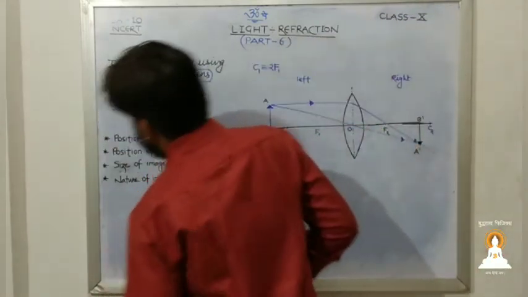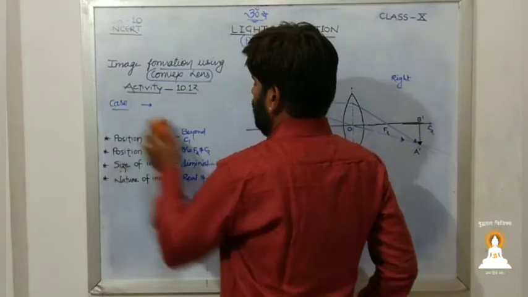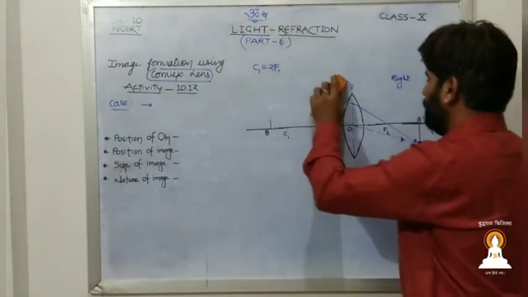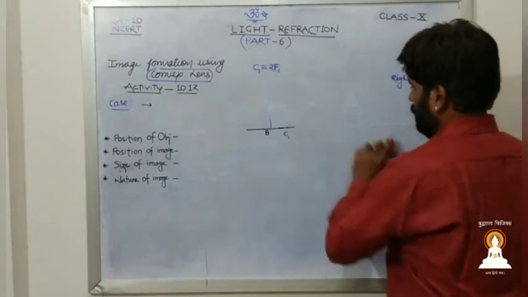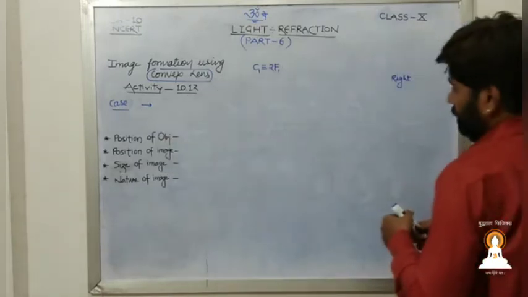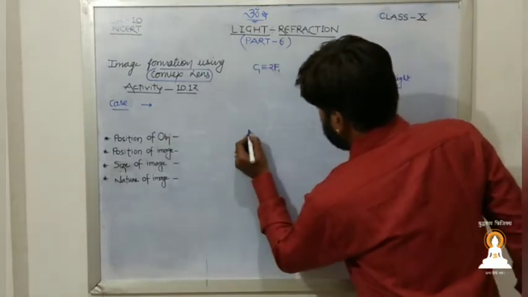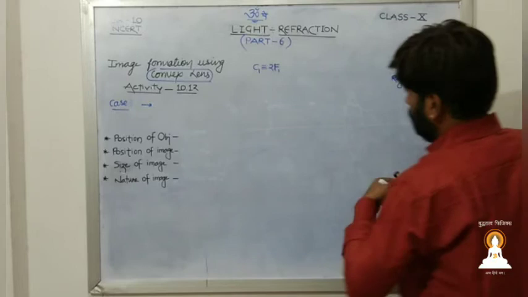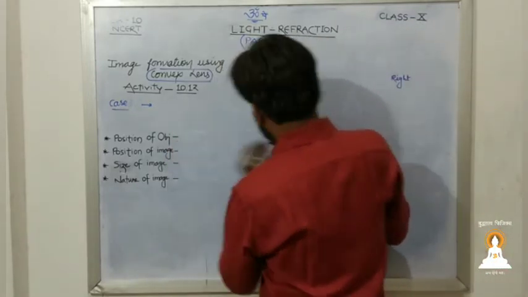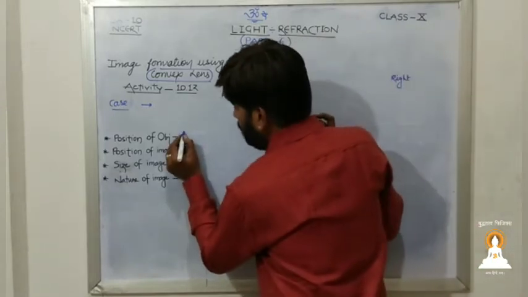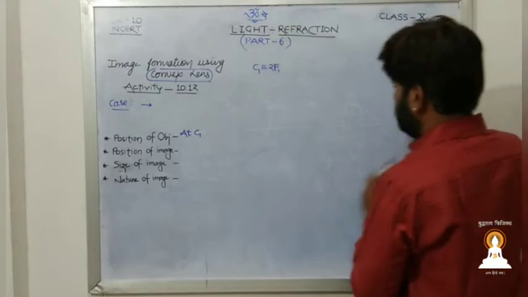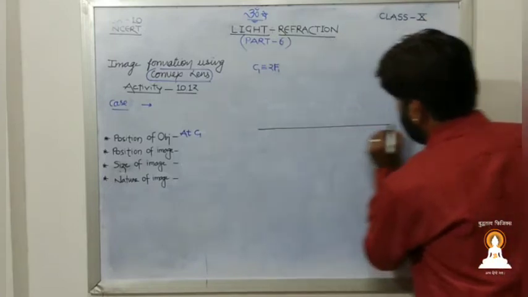Let us move to case number 3, in which the object will be placed over C1. So position of object is at C1. Let us see what happens.